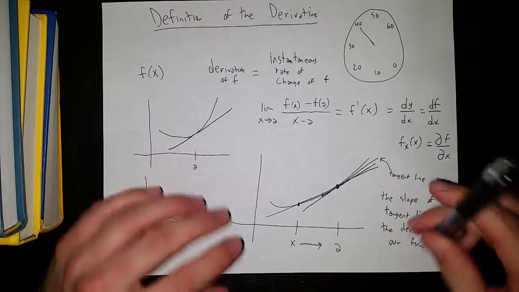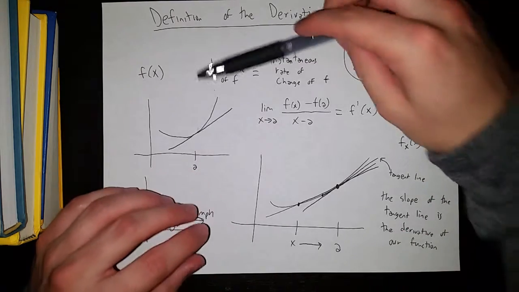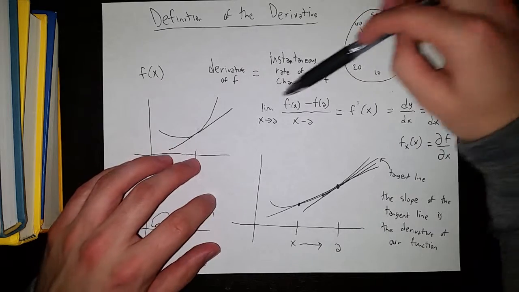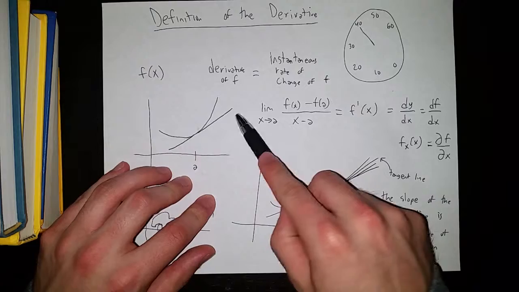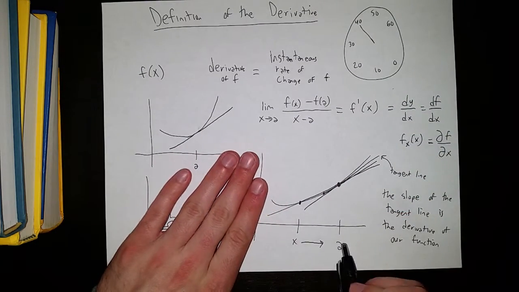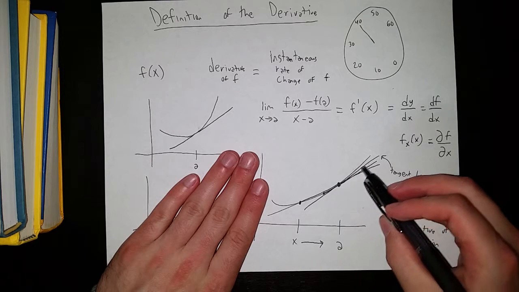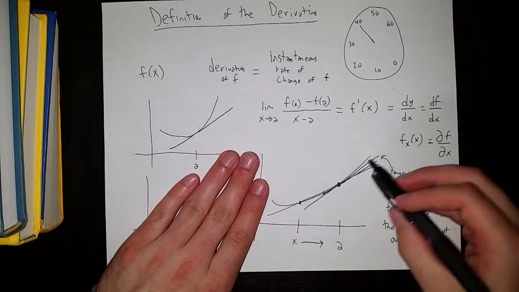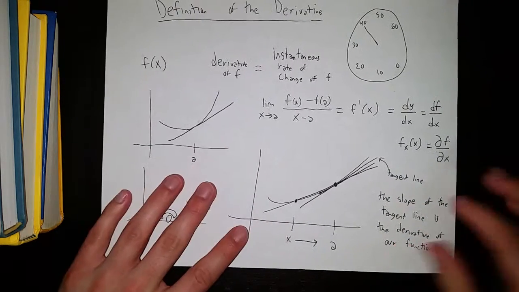But it's very important to have an intuition behind this. Like I said, this gives us the slope of the tangent line at a point A. So as x approaches A, we get closer and closer to our tangent line, and the slope of the tangent line is the derivative of our function.